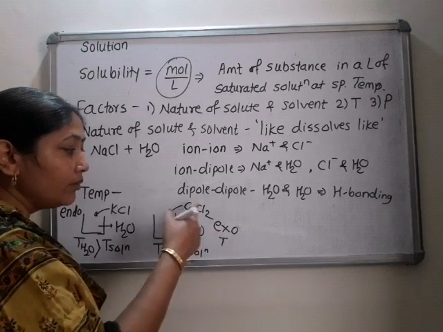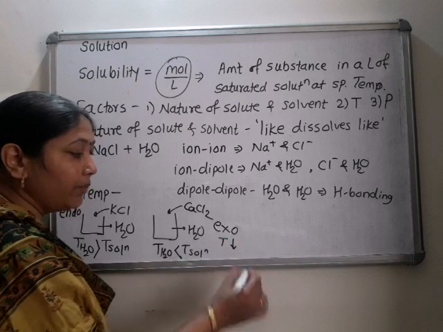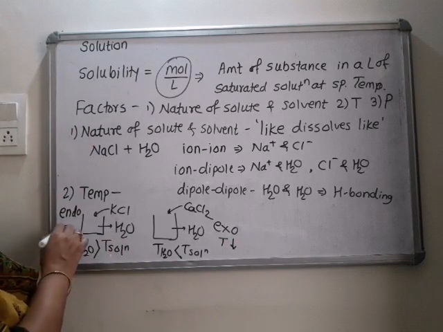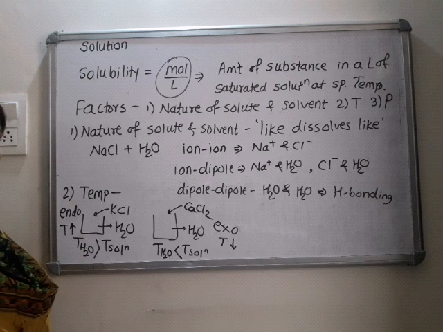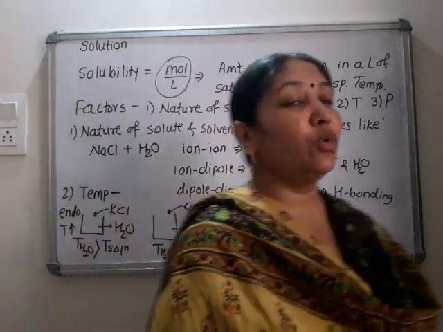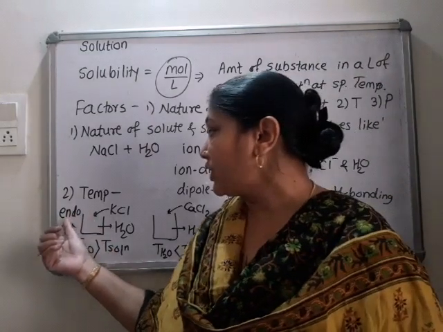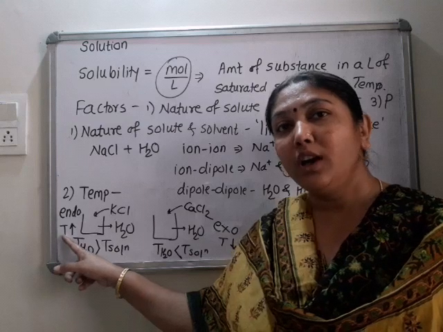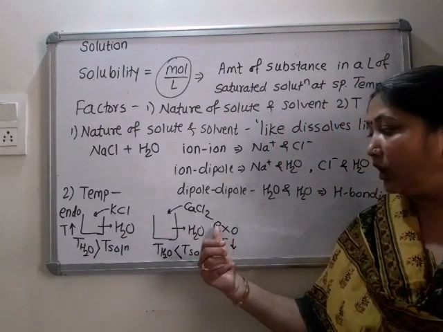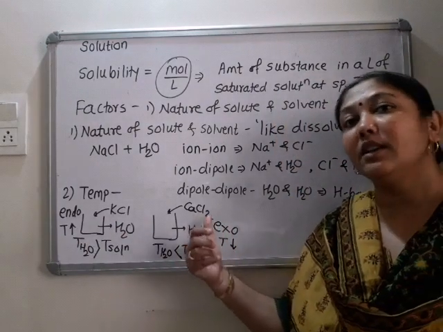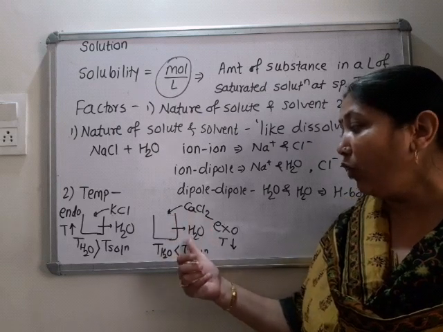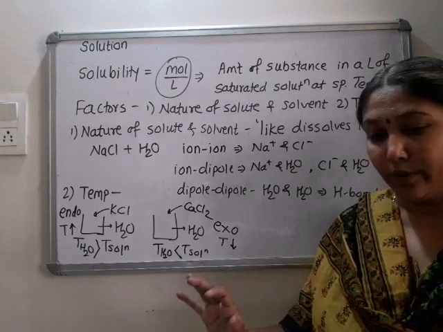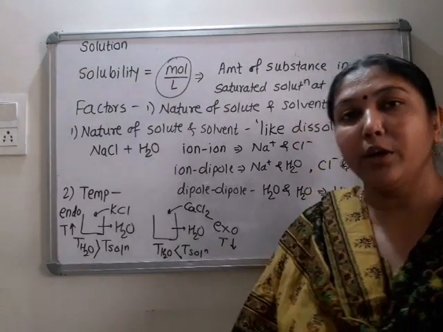And to dissolve more and more KCl, the temperature should be higher. So for an endothermic dissolution the temperature should be higher, and if heat is released by dissolving the salt into water, the temperature should be lower. So this is the effect of temperature.